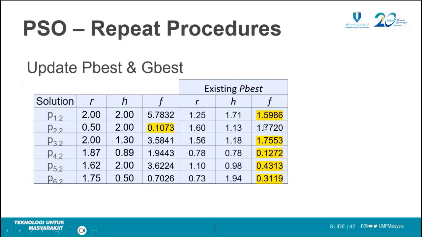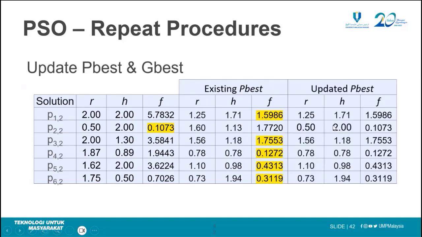In that case, we update the existing P-best utilizing the new value from the second iteration. While for the rest of the particles, the existing P-best is better than the new fitness. So now the updated P-best will be like this. Only P2 will be updated, because it came out with a better fitness value. So this is the updated P-best for the second iteration.